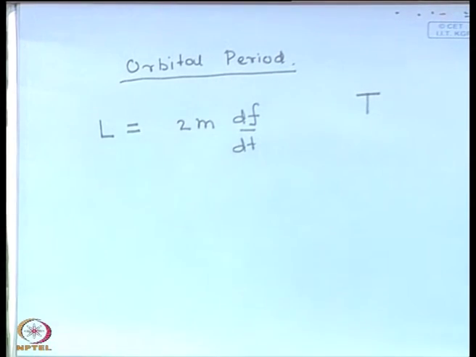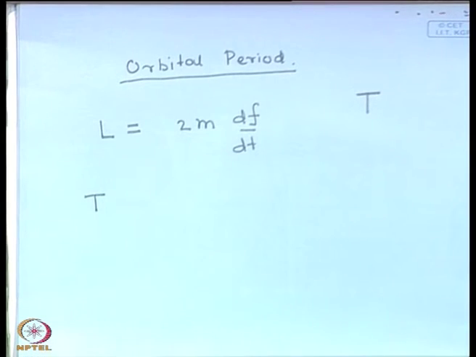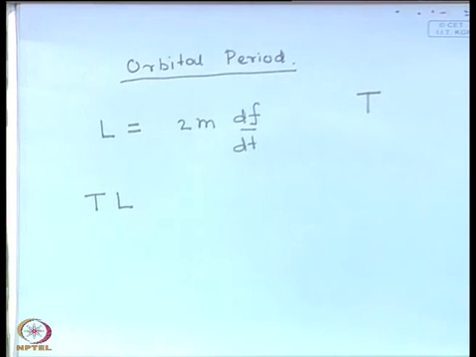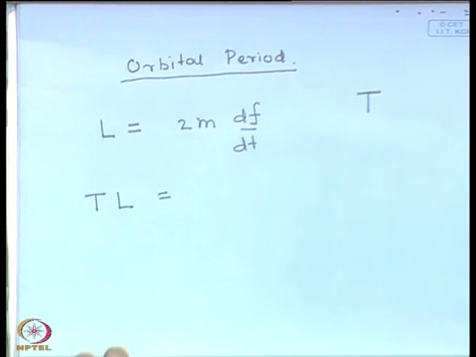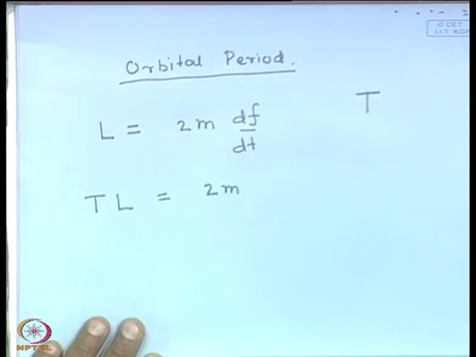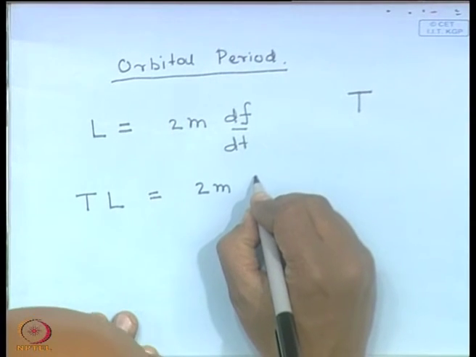If I integrate this over one whole orbit, then what I will get is that T, the orbital period, into L, the angular momentum, is equal to 2m into the area.